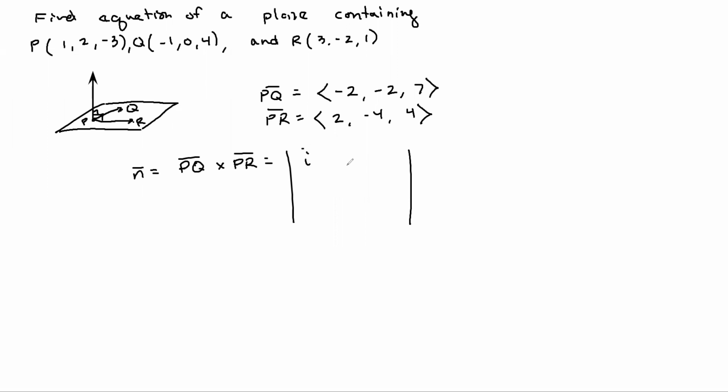So we get i, j, k, -2, -2, 7, 2, -4, 4. i times -8 plus 28, minus j. We're going to have -8 minus 14.